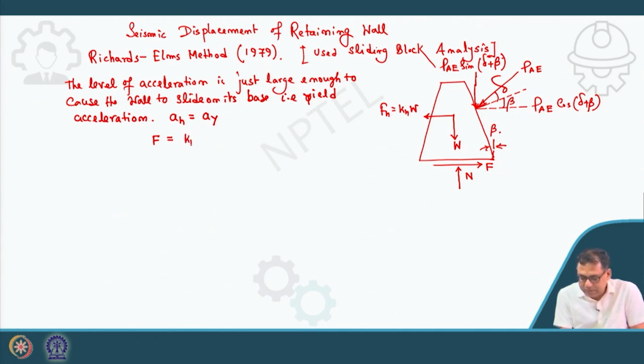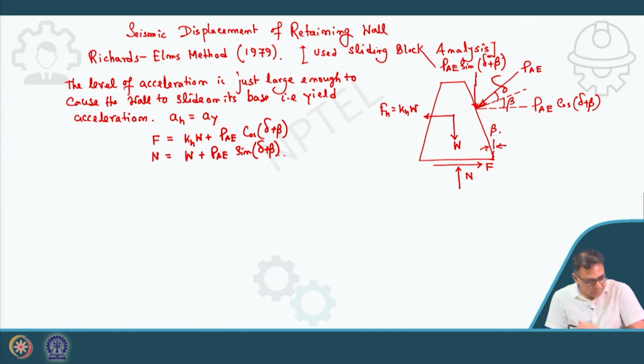Now we can calculate that F, the horizontal force, is equal to KHW plus PAE cos delta plus beta. These are the two horizontal components. And N will be equal to W plus PAE sin delta plus beta.